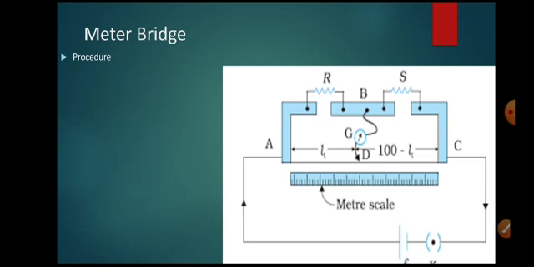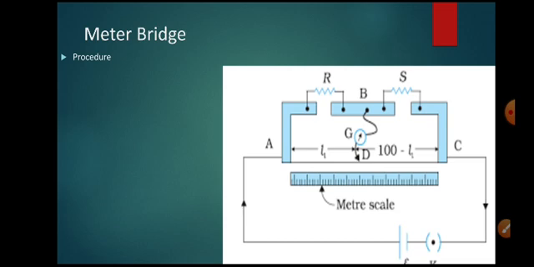So in gap 1 is the unknown resistance, and you have to find out the unknown resistance by using this meter bridge. The battery is connected in between A and C by using a plug key. From the middle strip a galvanometer is connected with a high resistance, and the other end is connected to the jockey.